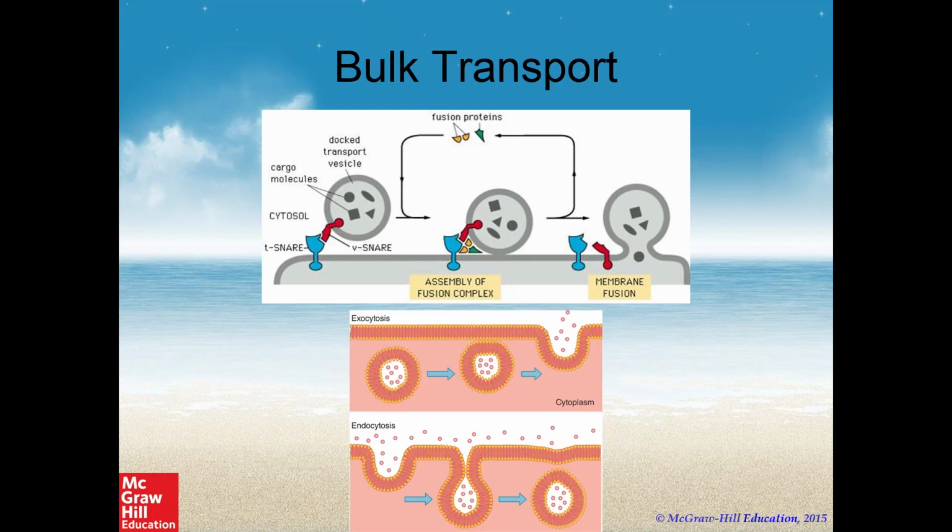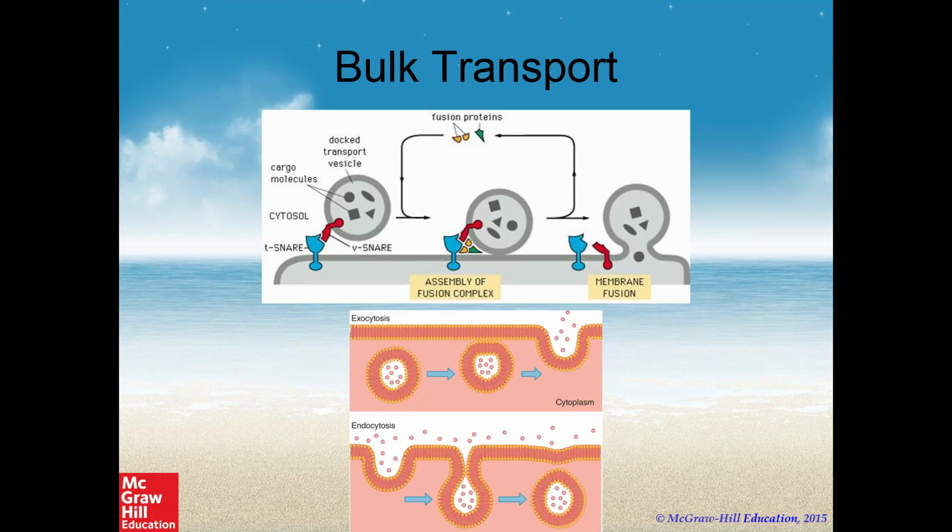So for exocytosis to occur, these vesicles, which are normally stored attached to the cytoskeleton, the signal for release of those vesicles is calcium. So then these vesicles will detach from the cytoskeleton. They'll float or move towards the membrane. And when those SNAREs come into contact with one another, they will begin the process of exocytosis.